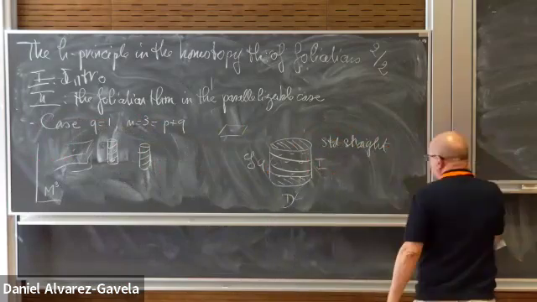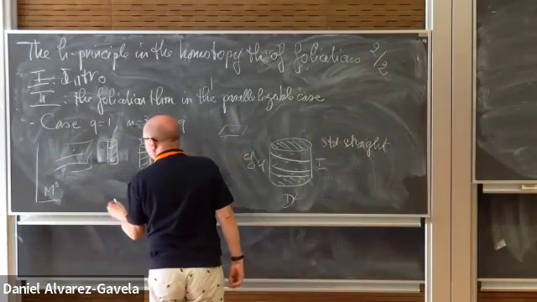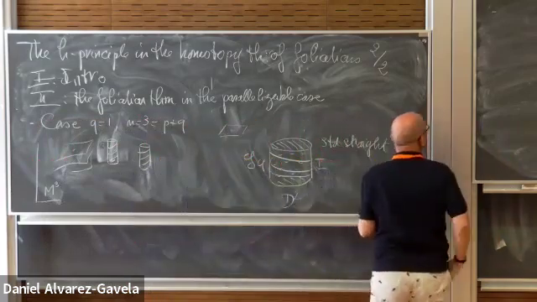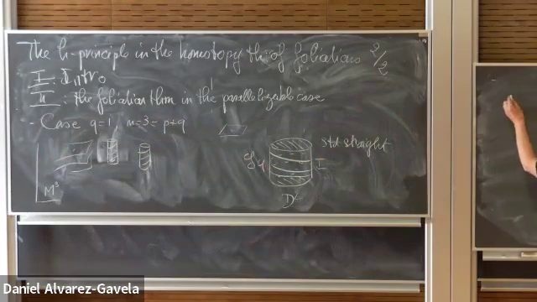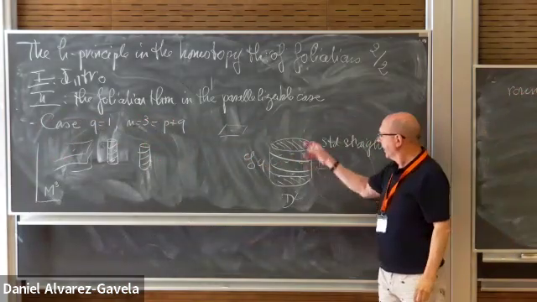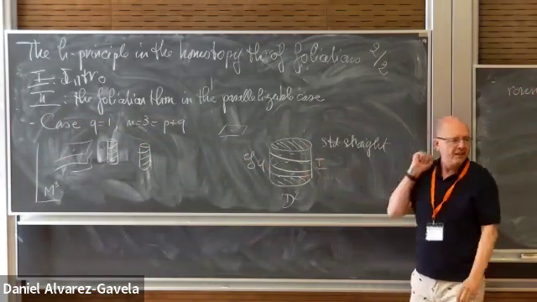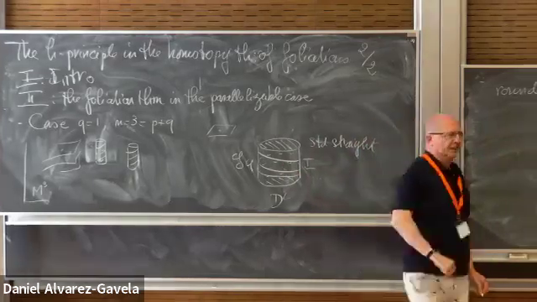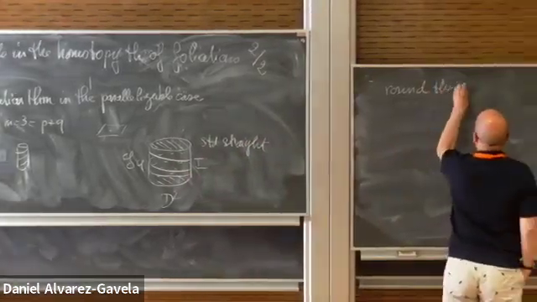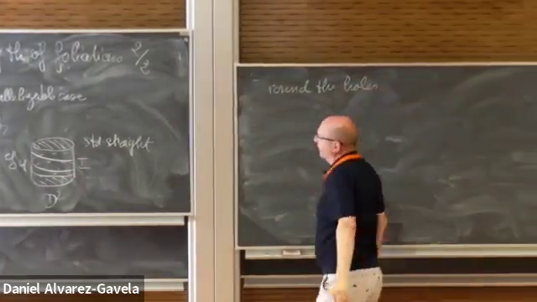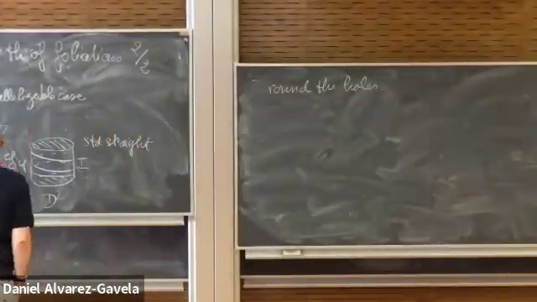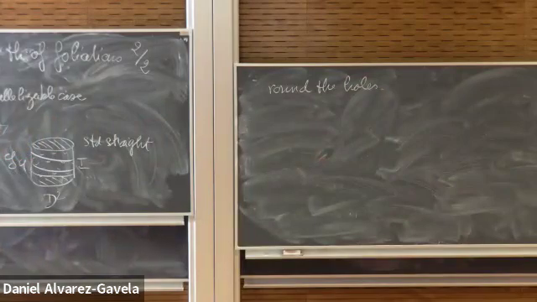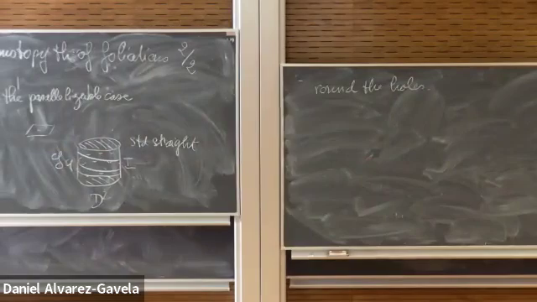So the next step is to round the holes, because you remember that if we have a hole like this, but with S1 instead of the interval, then after Thurston's methods, we can fill it with 2 Reeb components inside. So we want to round the holes, and after Thurston's nice idea, outside of the holes, it's already foliated.